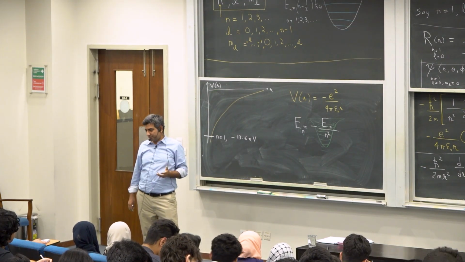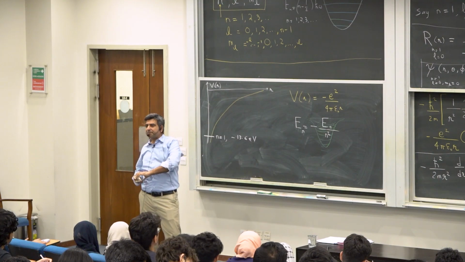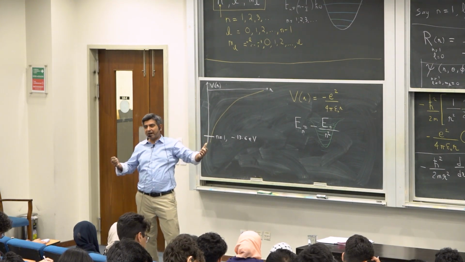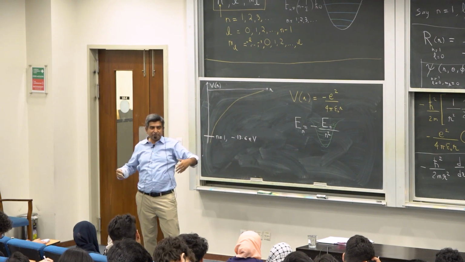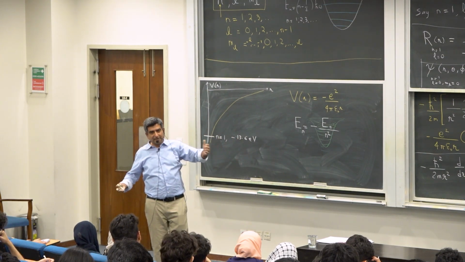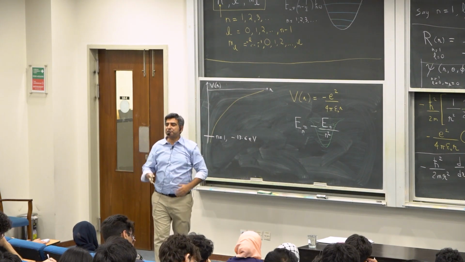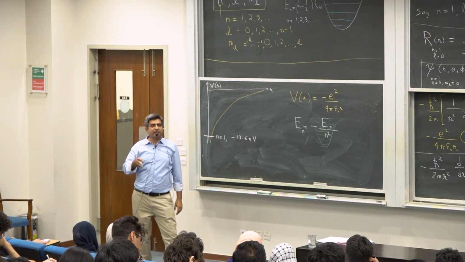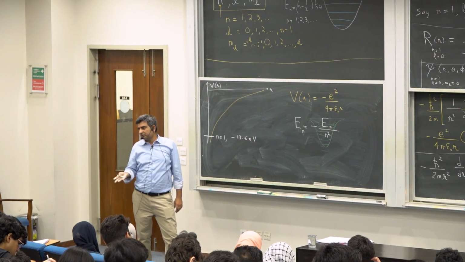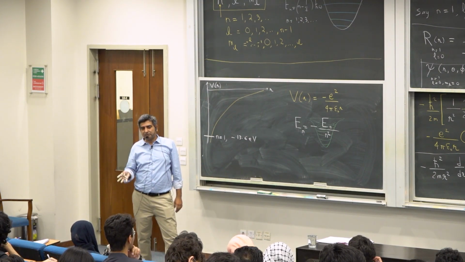That's called ionization. So when the electron has been stripped out of the atom, the hydrogen atom becomes a hydrogen plus ion. The electron has been stripped out, or ionized. So the minimum energy that is required to ionize a hydrogen atom is 13.6 electron volts. That's the ionization potential of hydrogen.